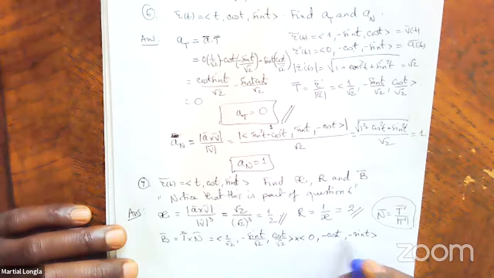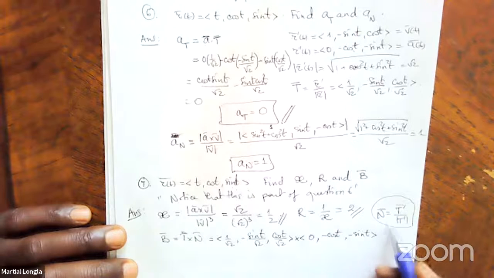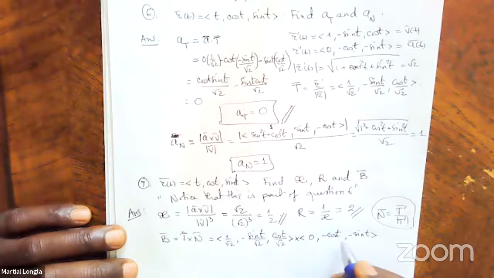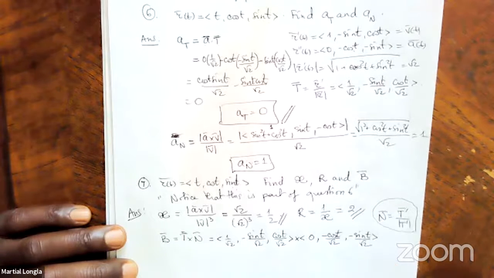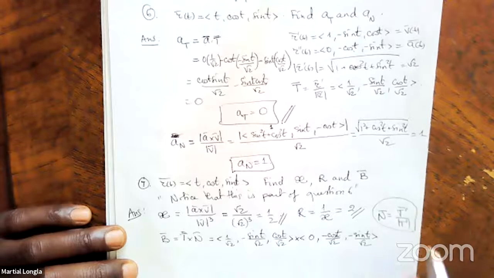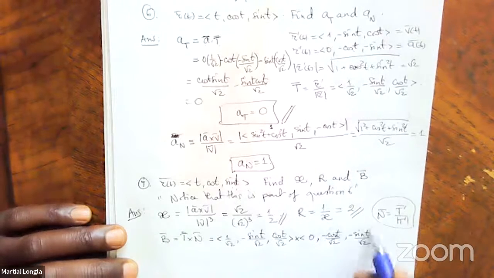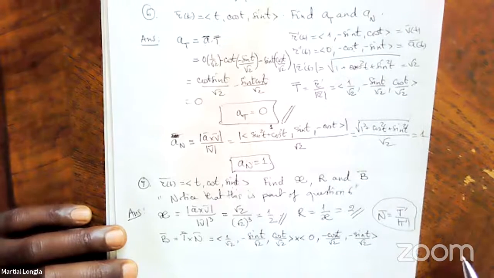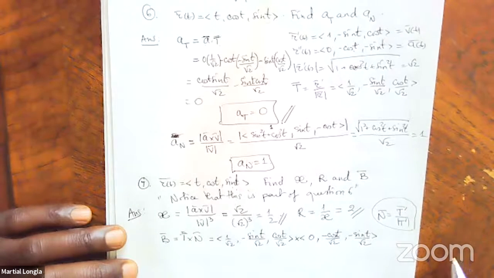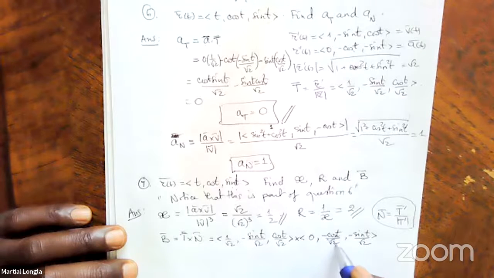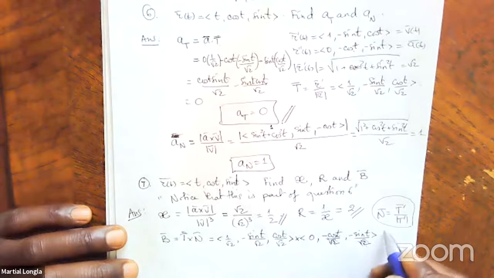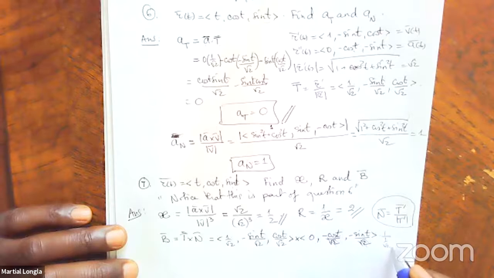But when we divide by the magnitude of T prime, all right. Now this is T prime. The magnitude of this vector is 1 over root 2. That's what I was saying. So we can just cancel the root 2 when we multiply. Root 2 just cancels because it is over 1 over root 2.